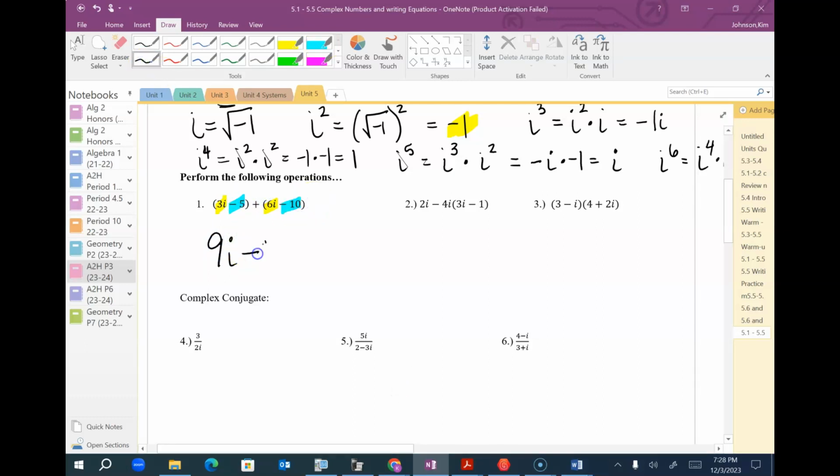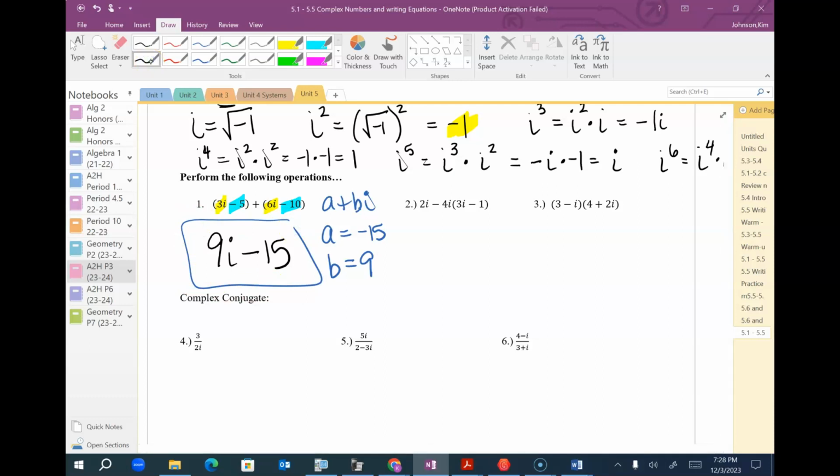Those are the real parts. I get -15. So if I were asked for this in the form a plus bi, and you were asked what's a, well, a is the real part, which is -15, and b is the imaginary part, which is the coefficient on i, which is 9. Not that I asked you for that. I just asked you to perform the operation, but that's just something My Open Math has you do on occasion.